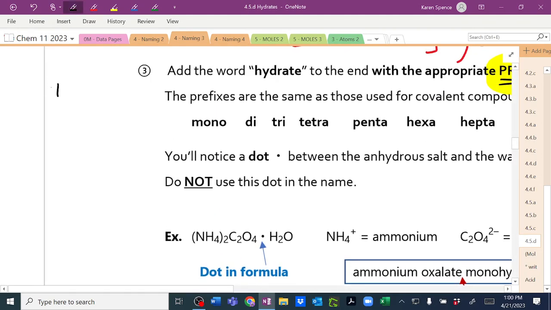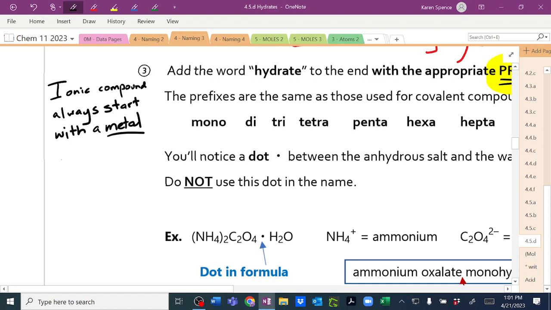Ionic compounds always start with a metal or a polyatomic cation, which is NH4.